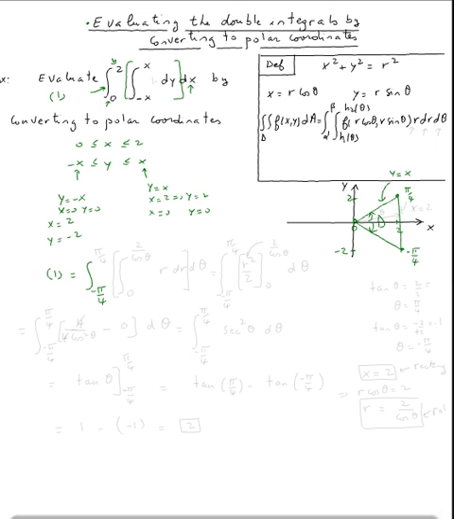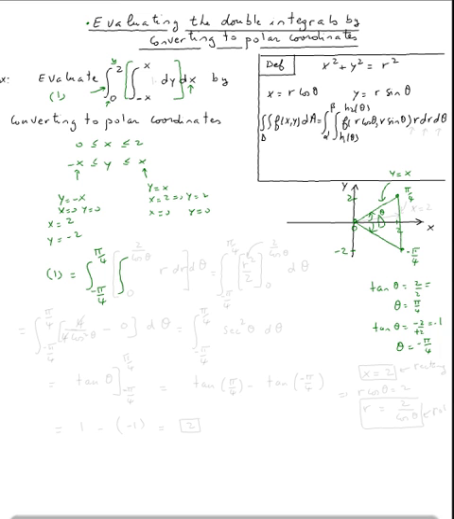Because for y equal x, tangent of theta will be equal to 2 over 2, which is 1, so theta will be pi over 4. Same way, the tangent will be negative 2 over 2, which is negative 1, so theta will be negative pi over 4. So theta goes from negative pi over 4 to pi over 4.